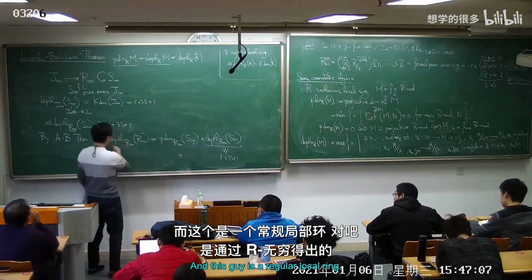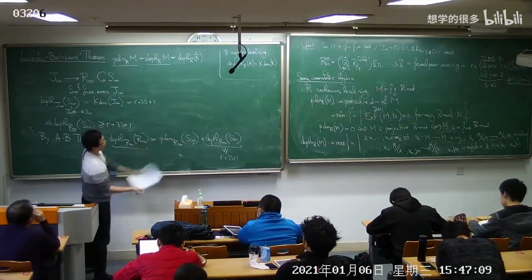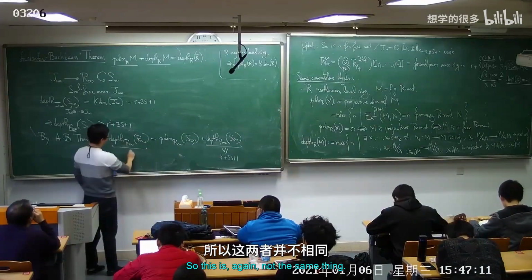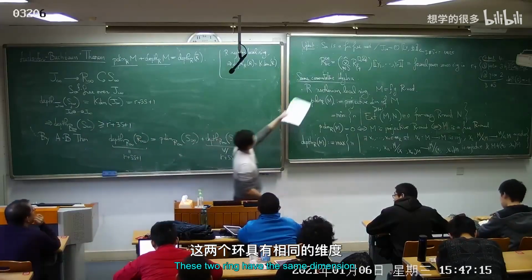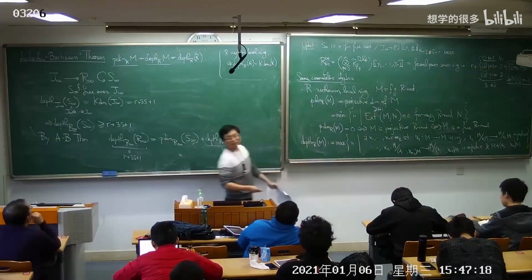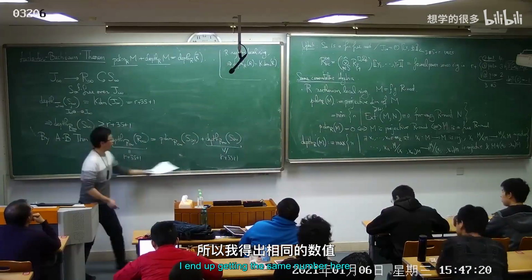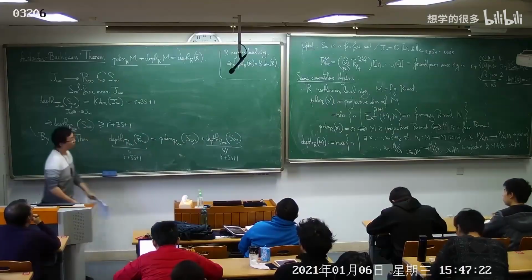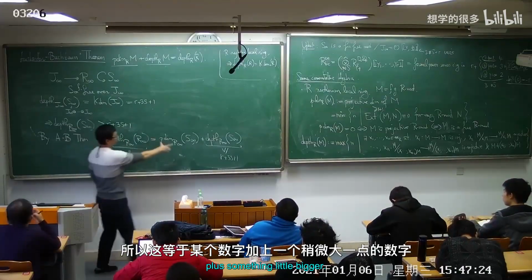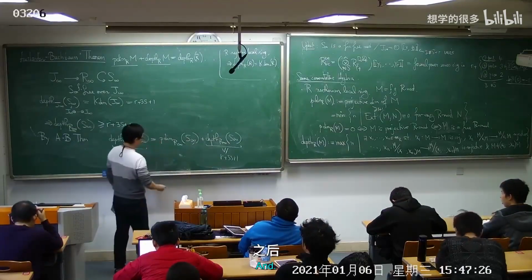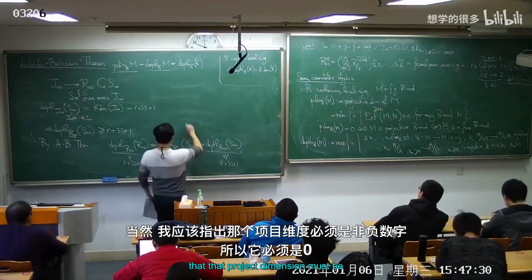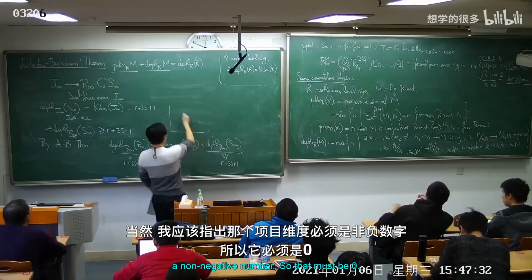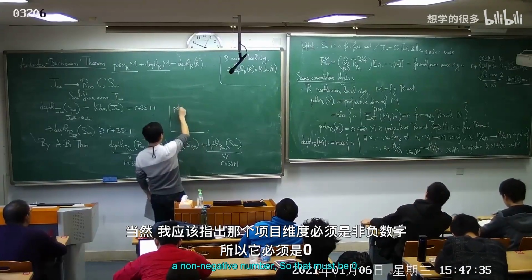And this guy, it's a regular local ring, right? My R infinity. So this is, again, the same thing. And that's the point. These two rings have the same dimension. So I've ended up getting the same number here. And so this is equal to something plus something a little bit bigger. And of course, I should have said that projective dimension must be a non-negative number, certainly.